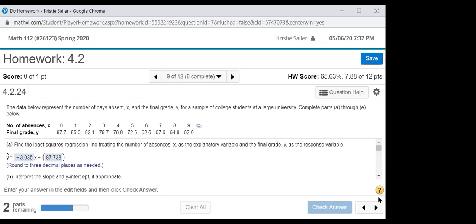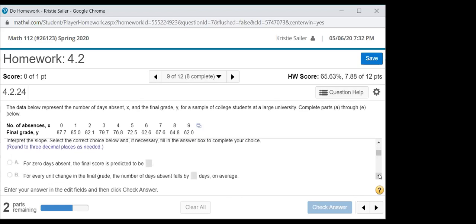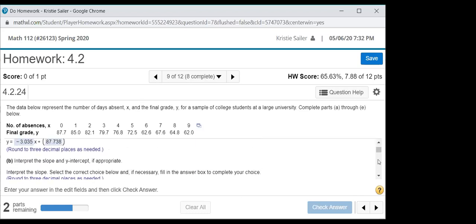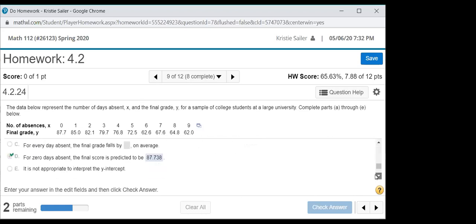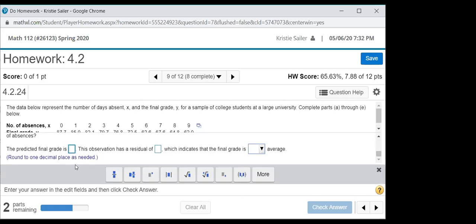Okay, 72. Oh, it's almost the same. 72.5 up here, and I got 72.56. Okay, so yours is your predicted value. Predicted grade, rounding to 1 decimal. So 72.56 would round to 72.6. Right.